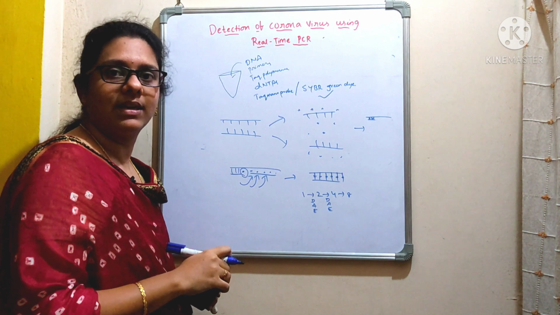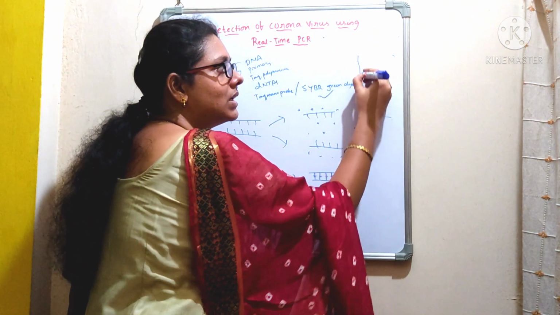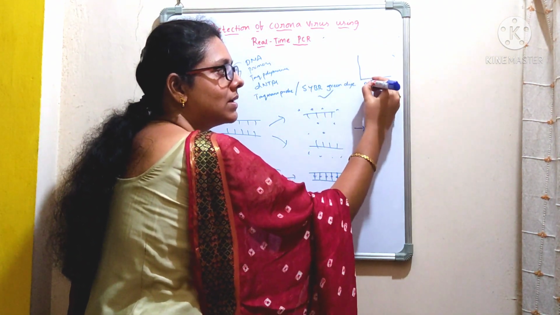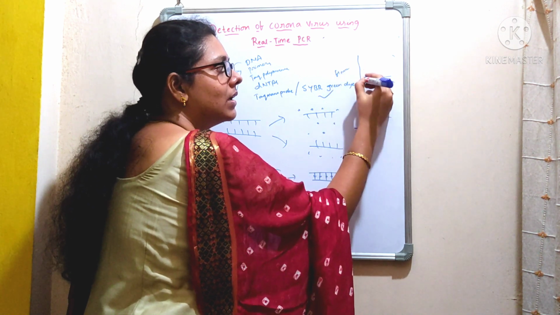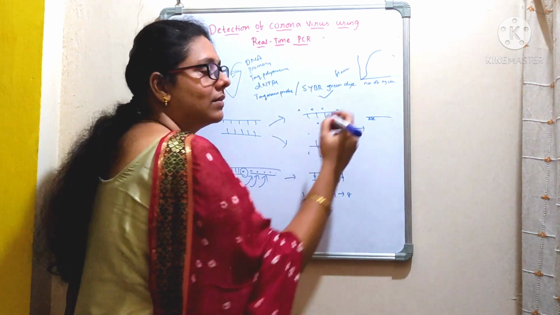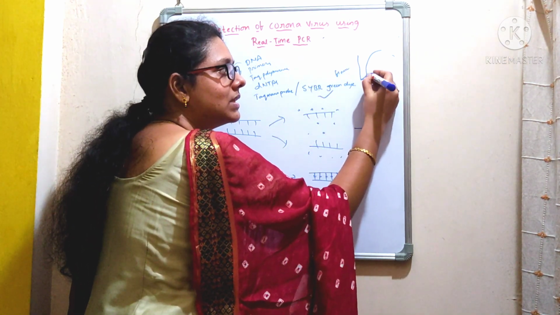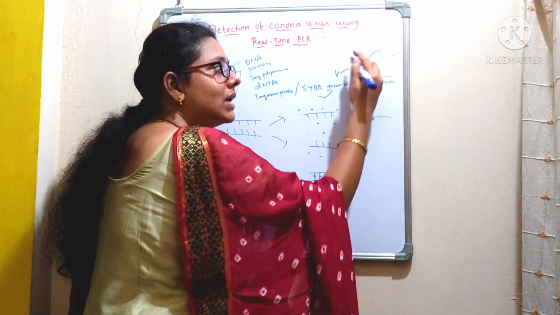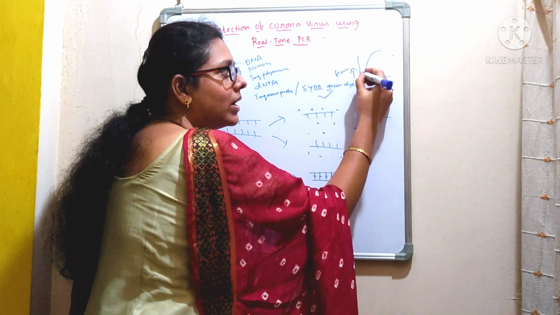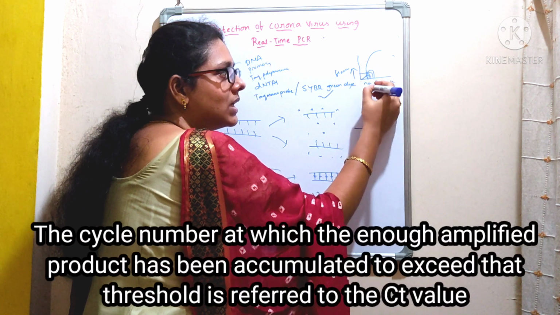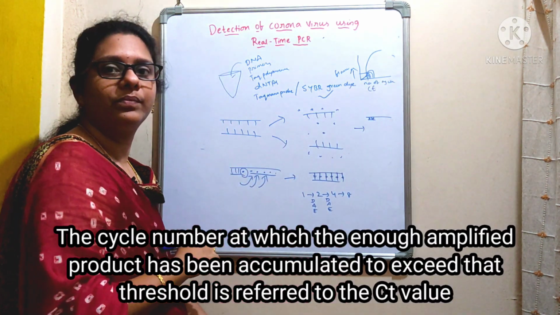on a digital screen. So when you observe the digital screen, with the number of cycles and with the fluorescence, you will get a curve like this. So with the increase in the number of cycles, there will be an increase in the fluorescence. And from there, you are going to check the CT value.